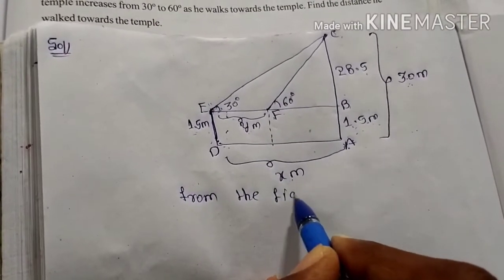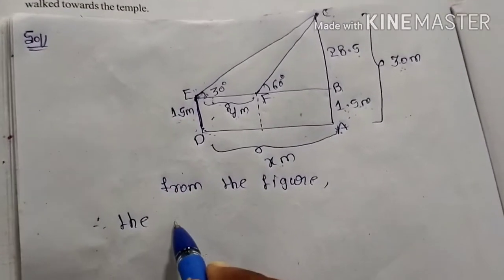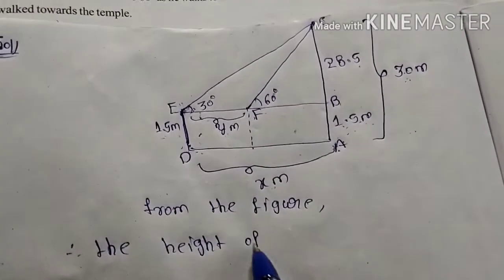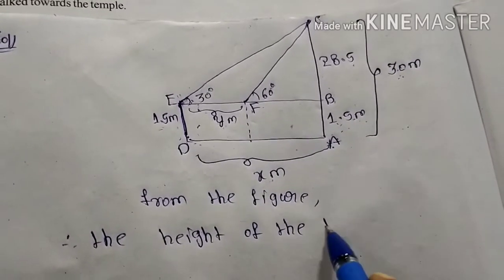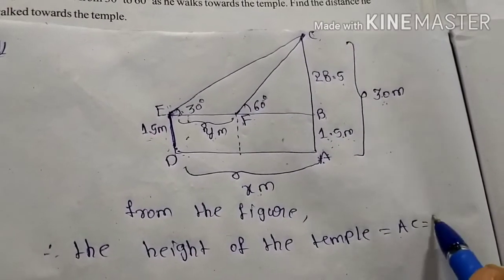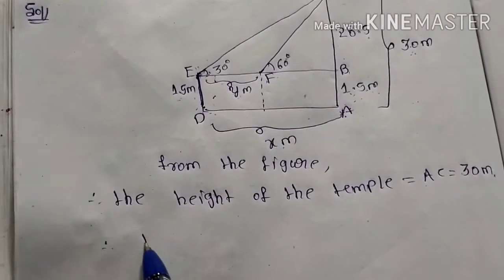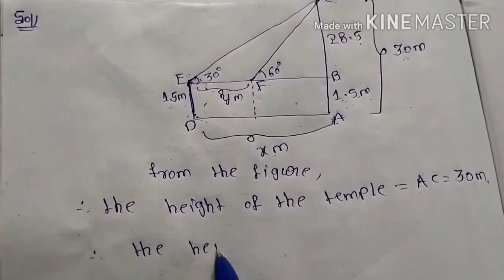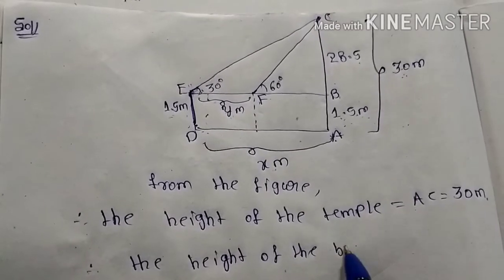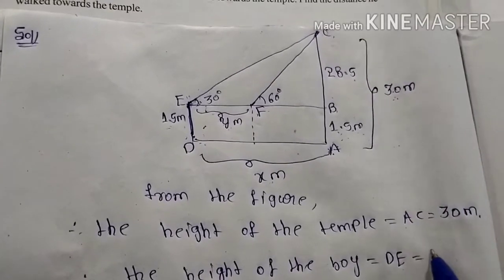From the figure you can write: the height of the temple AC is equal to 30 meters. The height of the boy DE is equal to 1.5 meters.